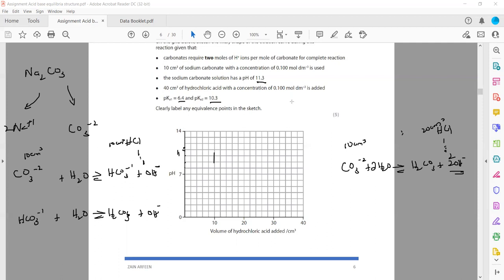Whenever a strong acid and a weak base are reacting with each other, the vertical region is from 7 to 4, if you are going in this way.